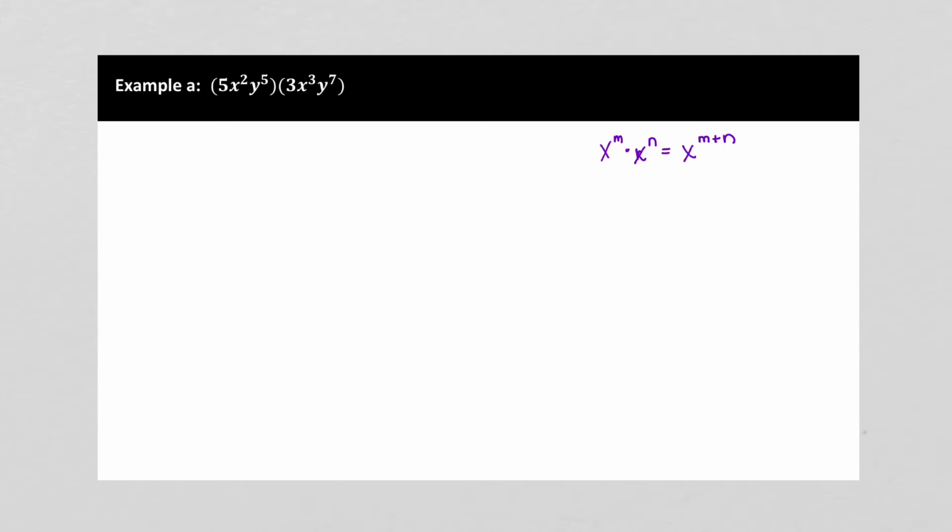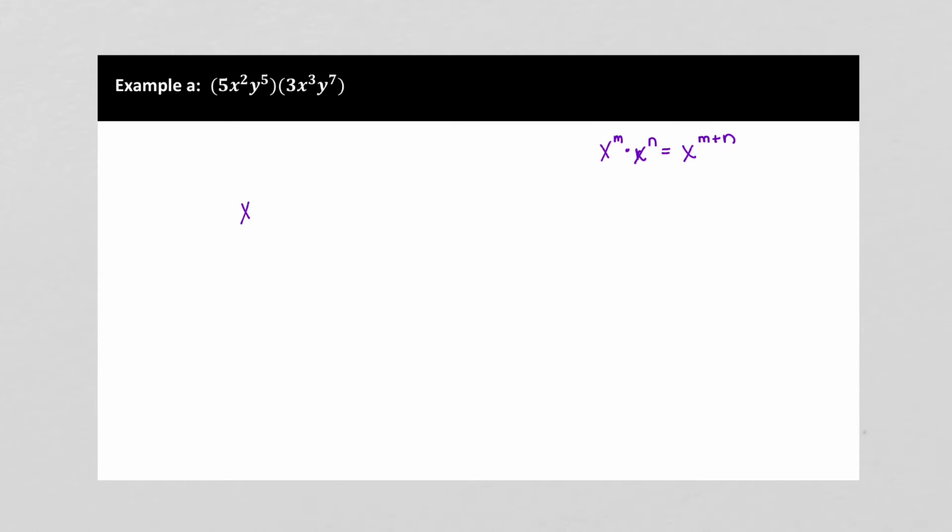Okay? Now the reason for that, and you don't have to write this down, but let's just look at it. If we have x cubed times x squared, then that would be x times x times x times x times x, which is x to the fifth, exponents added.